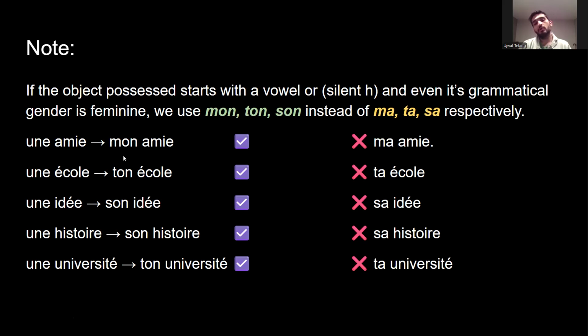And I've only used mon, ton, son as an example. Any of those work here, depending on the context. If you want to say my friend, mon ami, my school, mon école, his school, son école, what else? My university, mon université.